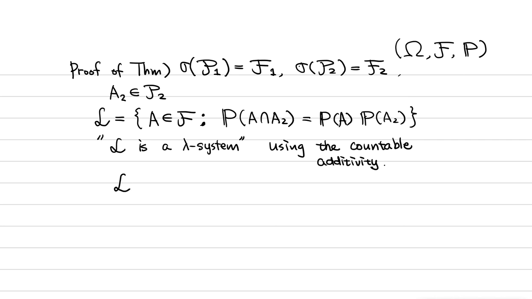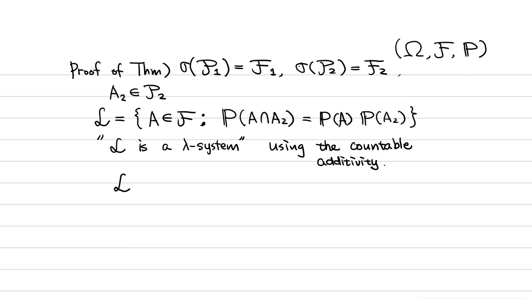So it's of course containing the smallest lambda system. That, before applying the pi lambda lemma, we have to use the fact that this curly L is also containing the pi system. So where does it come from?